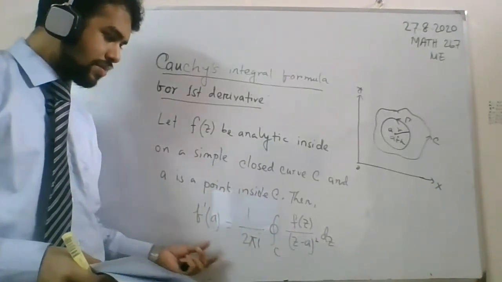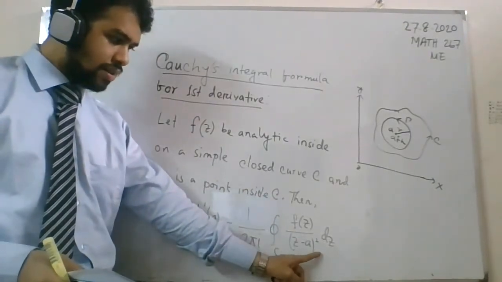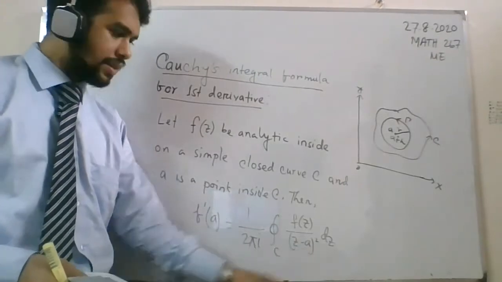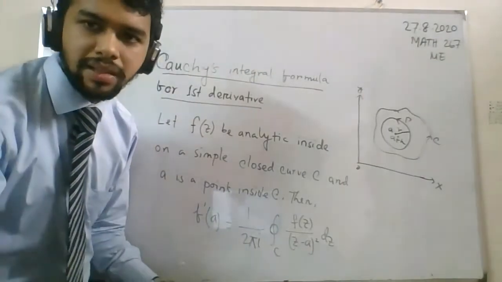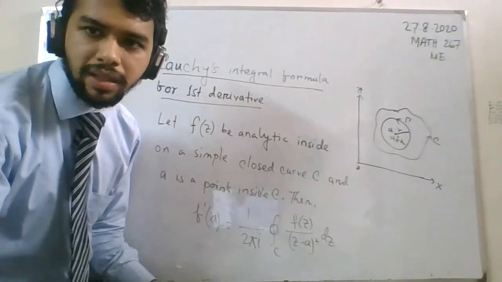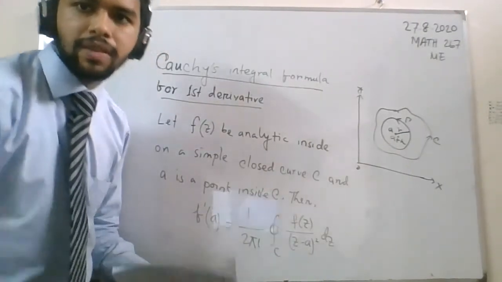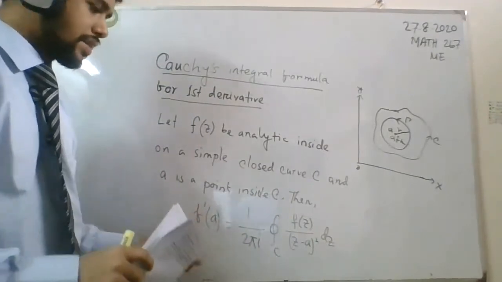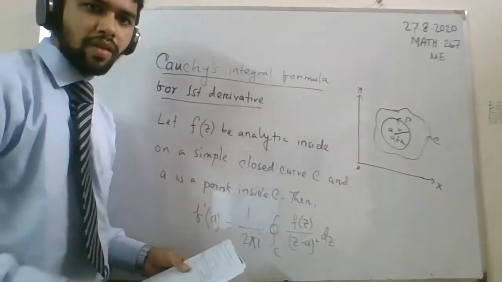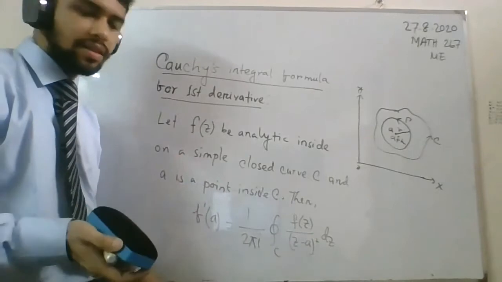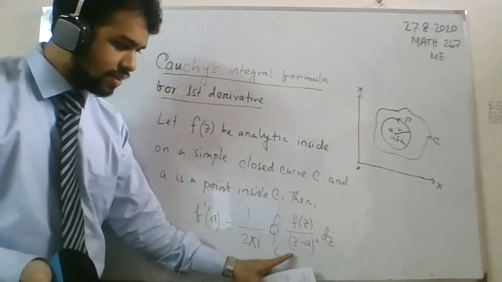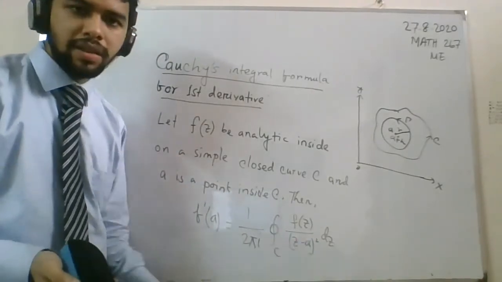But for the first derivative, just notice here it is z minus a whole square. So this is the statement. Where is the change? Just here, z minus a whole square.